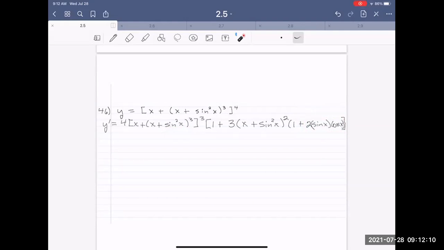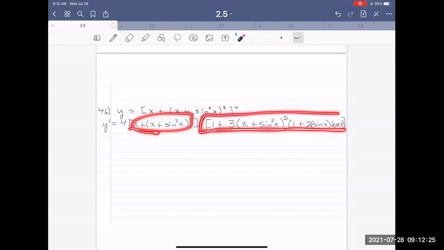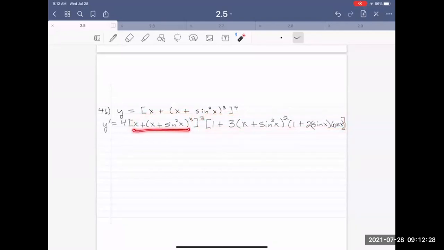So to take the derivative of this guy, you just take the derivative of the outside function, evaluate the inside function, times the derivative of the inside function. To take the derivative of this inside function, well, this was easy. But this, I'm going to have to use the general power rule. So you take the exponent, bring it out in front, rewrite what's inside, all to the power of 1 less, times the derivative of what's inside.